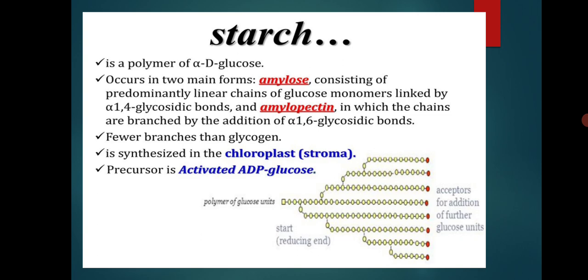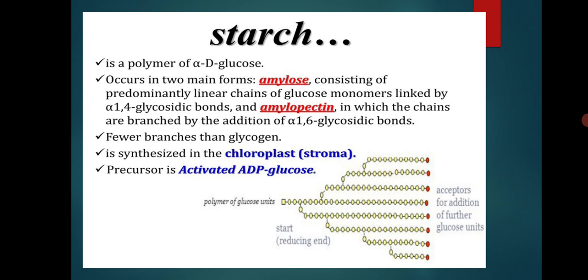The difference is that amylose is a linear chain linked by alpha 1,4 linkage, and amylopectin is a branched chain linked by 1,4 linkage, and the branches are joined by alpha 1,6 glycosidic bonds.